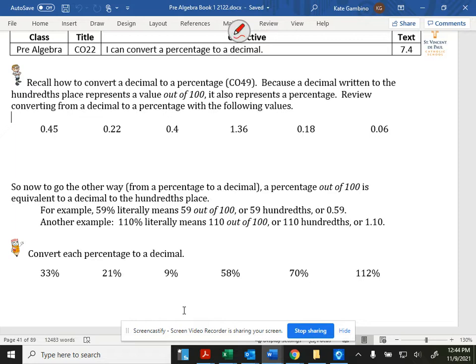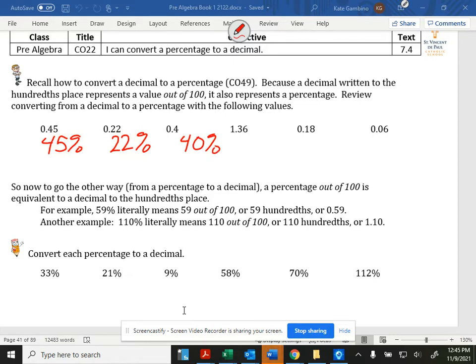So who can tell me what 45 hundredths would look like as a percentage? Izzy? 45%. Yeah, it would be 45%. What about 22 hundredths, Paul? 22%. How about 4 tenths? Garrison? 40%.